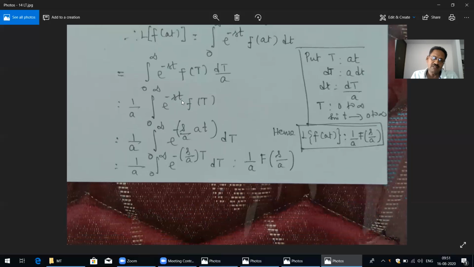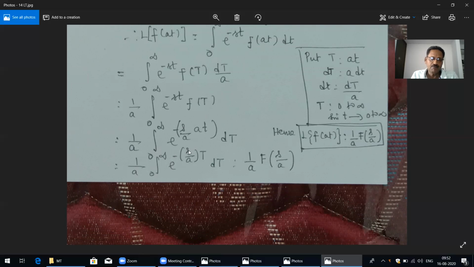Here also we have t. What's the t here now? t is already, we know, capital T by a. So we have to apply this, multiplying and dividing by a. So minus s by a into T. This one is negative s over a into T, because 1 over a is taken outside.